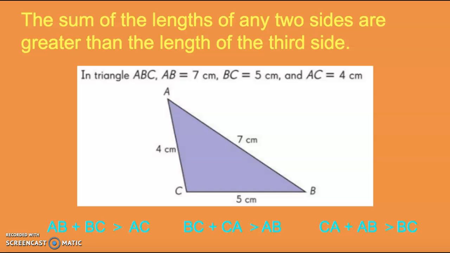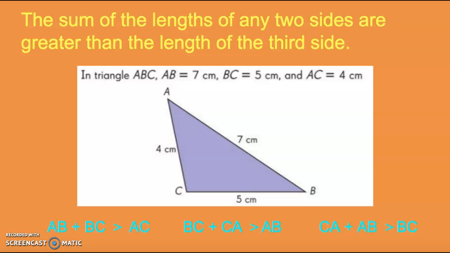Look at triangle ABC. Side AB has a length of 7 centimeters. Side BC has a length of 5 centimeters. And side AC has a length of 4 centimeters. If two sides together need to be greater than the third side, then look below at the formulas.